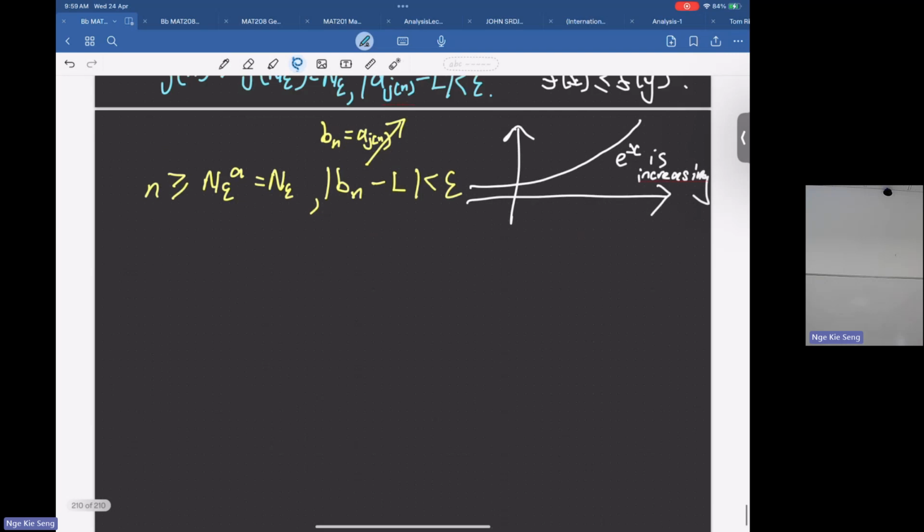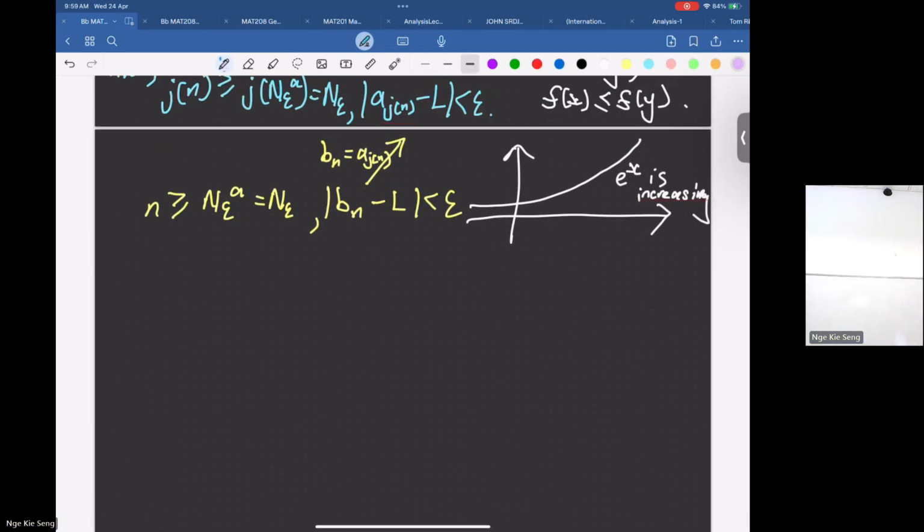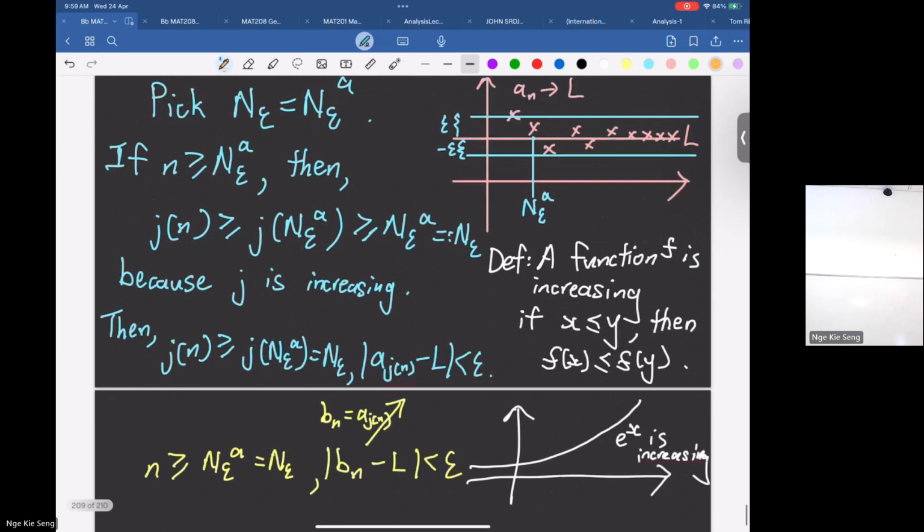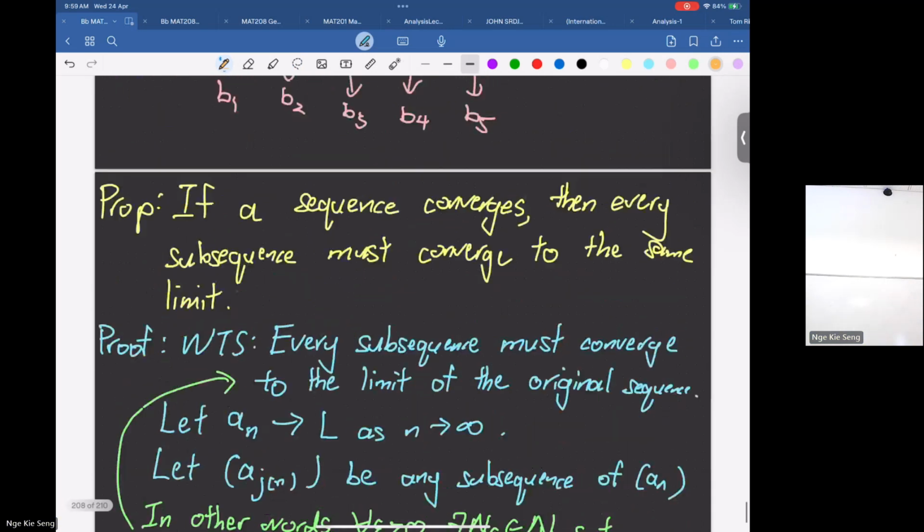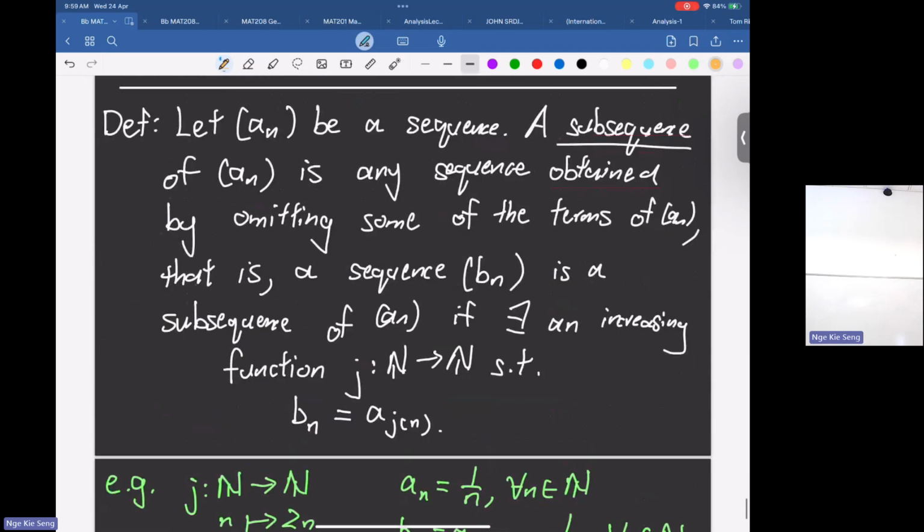So let's prove this. What lemma do we use here? It's quite obvious, but how do we prove that?